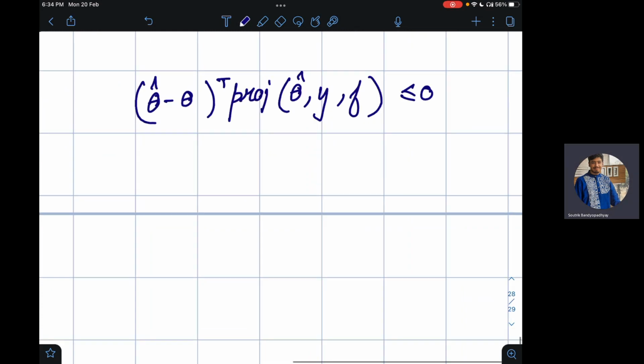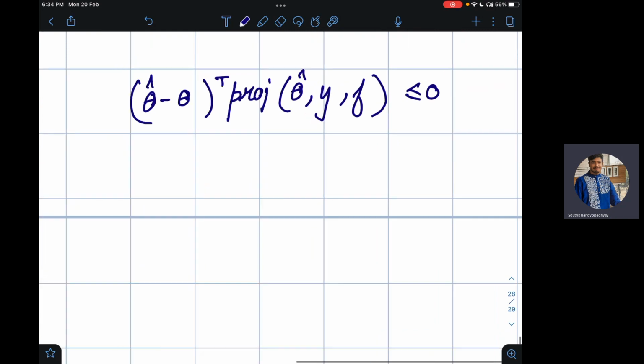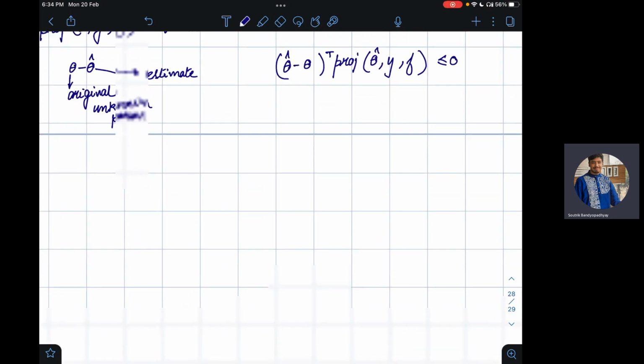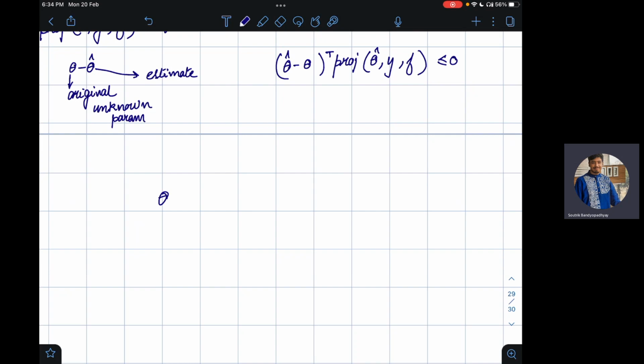So this is a very interesting concept because oftentimes in Lyapunov analysis we consider theta tilde transpose theta tilde as a candidate Lyapunov function. So we have a Lyapunov function on theta, which is theta tilde transpose theta tilde, half of it, let's say.